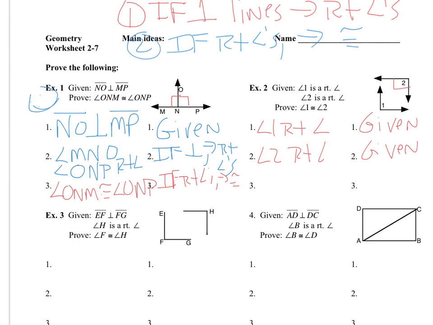Here's angle 1 and angle 2 if we mark the diagram. Both of those are givens, and if you remember main idea number 2, we can say that angle 1 is congruent to angle 2. Go right to the proof. Reason: if right angles, then congruent. And this one's done as well, smiley face. We are done with the second one.